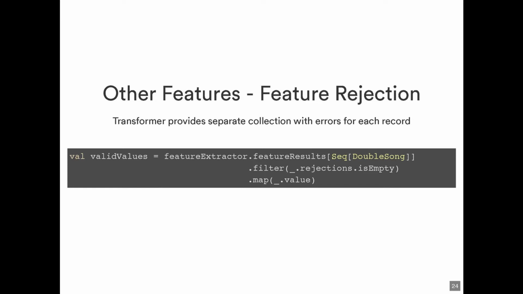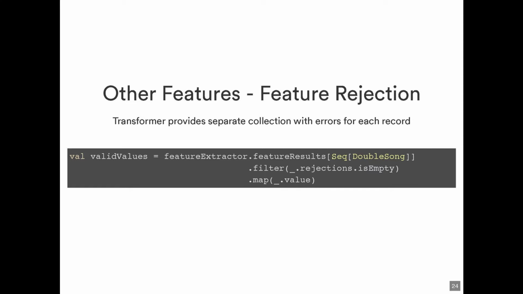You can get a collection of rejected features for a record, and based on that, you can choose to keep or reject a record. This is useful because sometimes you just want to know if something went wrong when you were building your feature. Maybe you had an out-of-bound error, or the method didn't work or something. So that's feature rejection.